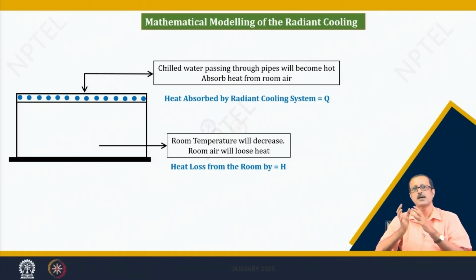This heat will be absorbed by the radiant cooling system. If it is absorbed, somebody has to lose the heat. Which part of the system is losing the heat? It is the room; the whole air in the room is losing the heat.